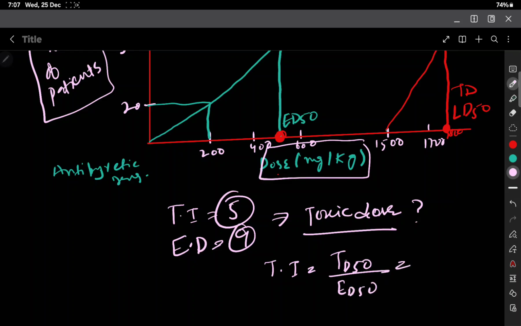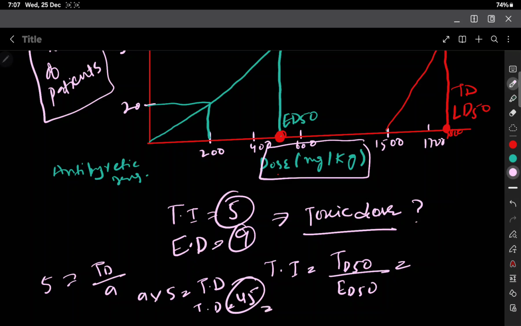So we have to calculate the TD50. Therapeutic index is 5, so 5 is equal to TD upon ED50, which is 9. Which means 9 into 5 is equal to the toxic dose. So the toxic dose will be equal to 45. So 45, it is a high therapeutic index drug. Okay. So this one is a high therapeutic index drug here.